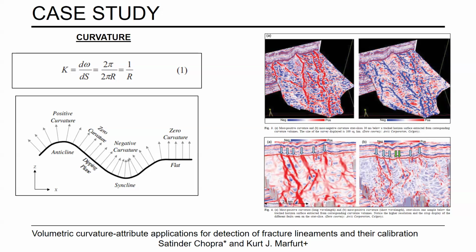Let's say we have a small arc on the circle, and that small arc makes an angle w, and the radius is r, and the arc length is s. So the curvature is nothing but the derivative dw by ds.